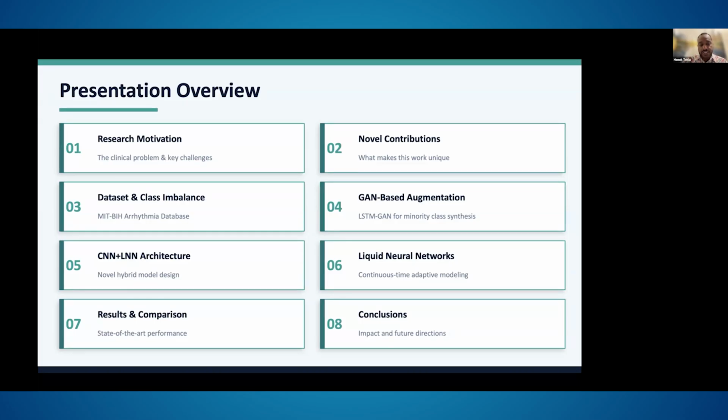Then the overall architecture that we used, including CNN, LNN architecture, in addition to attention. Why liquid neural network is important. We also look at the comparison between different algorithms as well as with previous works. And finally, we'll see what we can infer from all this information.